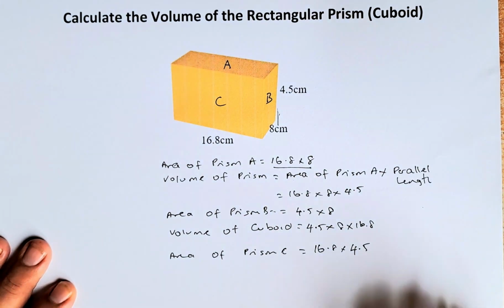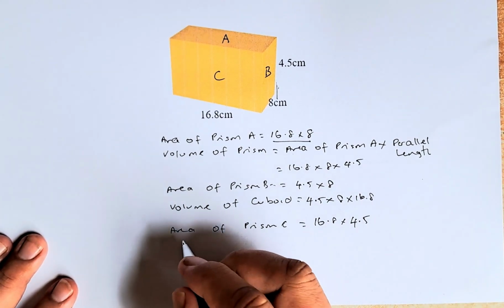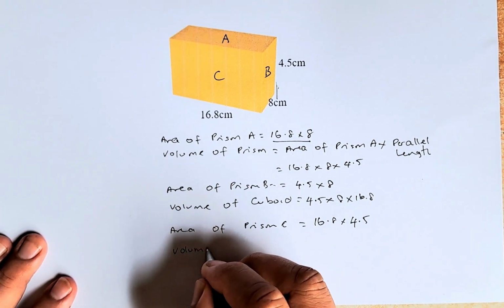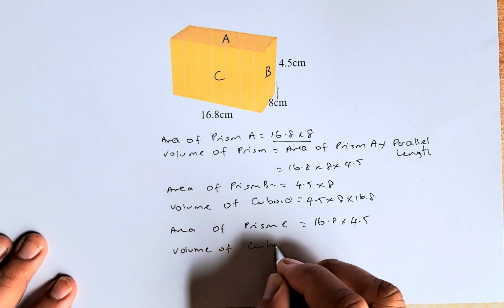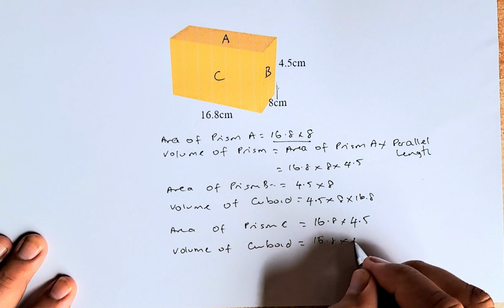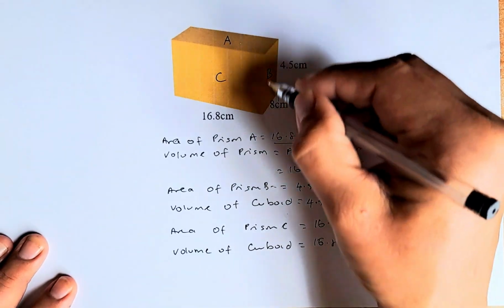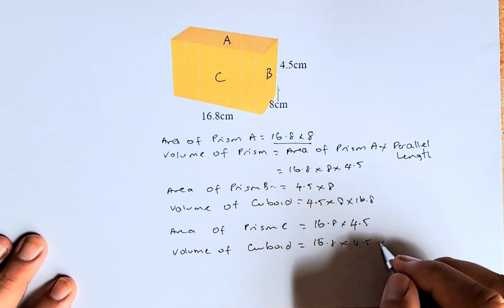To get the volume of the cuboid, we take the area, 6.8 multiplied by 4.5, and multiply by the parallel length, and this time it is 8.